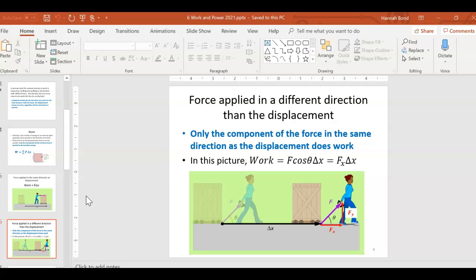That is the only component of force that is actually transferring energy or doing work. So here the work equals that x component of the force multiplied by the displacement of the box. The y component of the force is perpendicular to the displacement of the box, so that y component is not doing any work. It is not transferring any energy into the box itself.